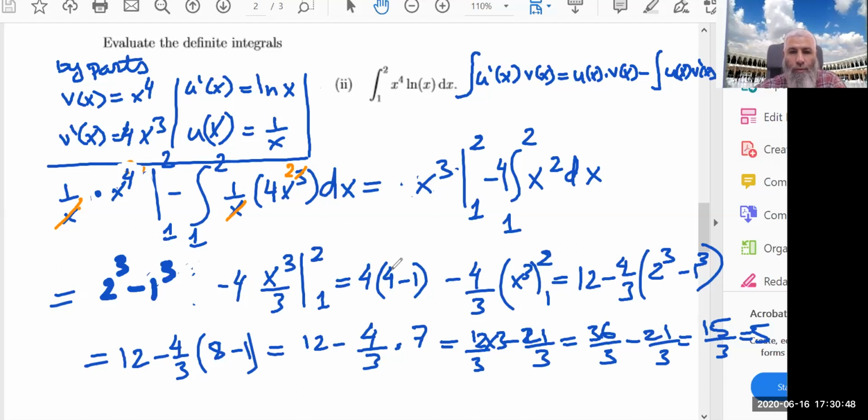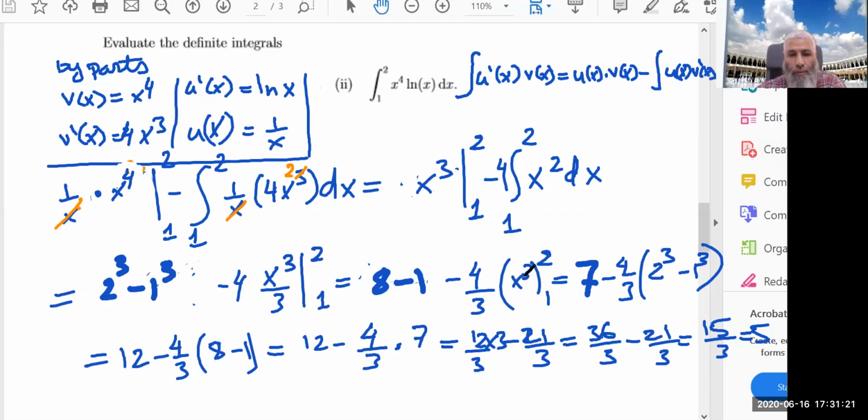So this is 8 minus 1. 8 minus 1 is 7. Right? Yes. Minus 4 over 3 x power 3.